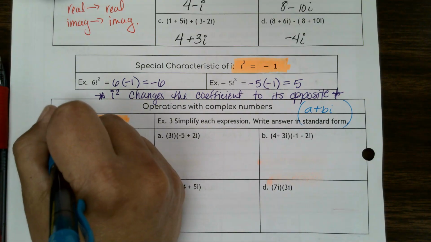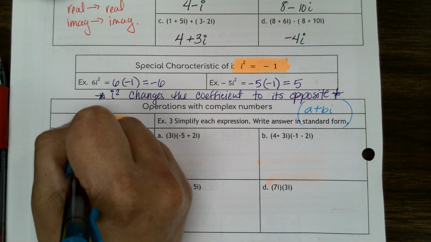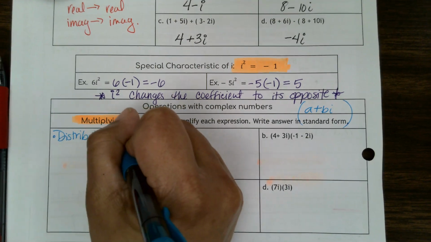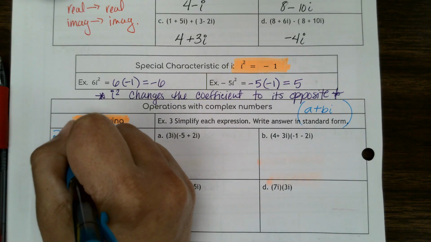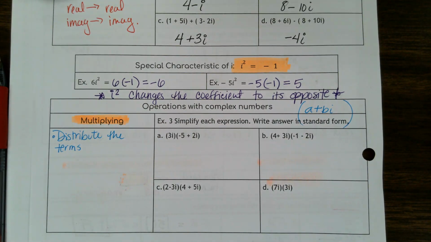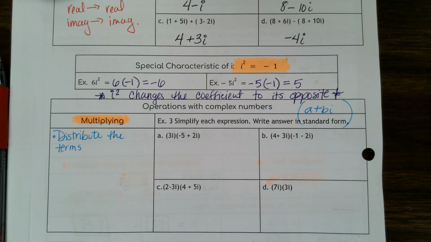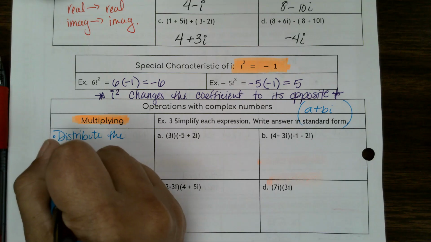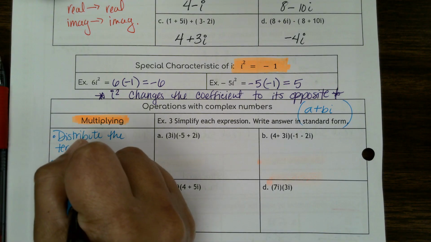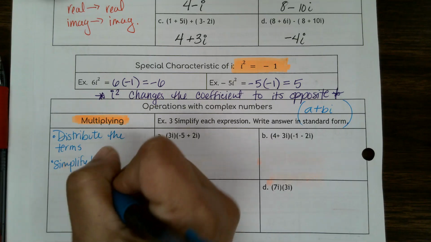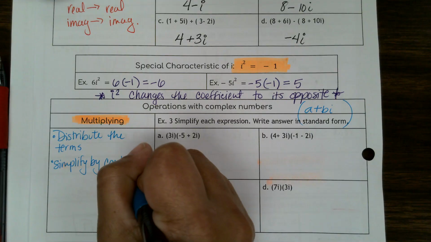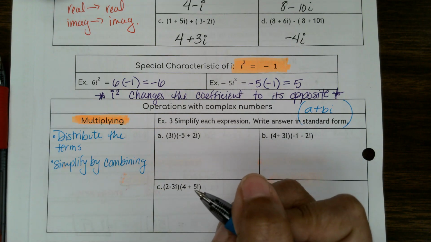So the first thing you always want to remember to do is distribute the terms using the FOIL method. Two, you want to simplify by combining like terms like we did in the previous example.